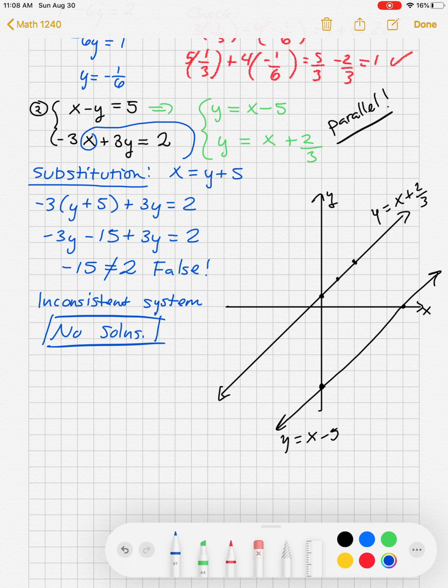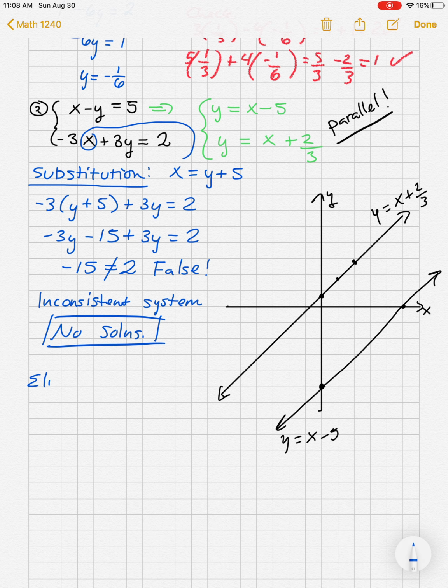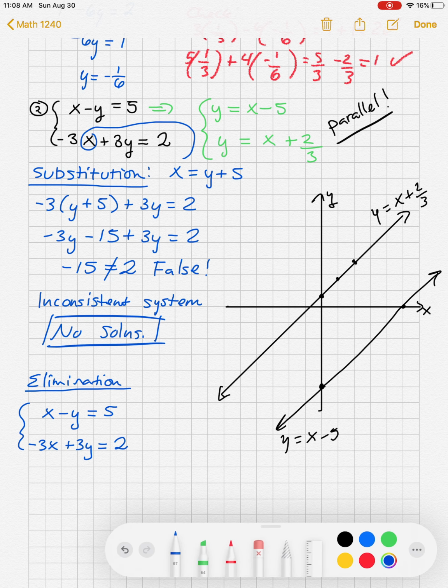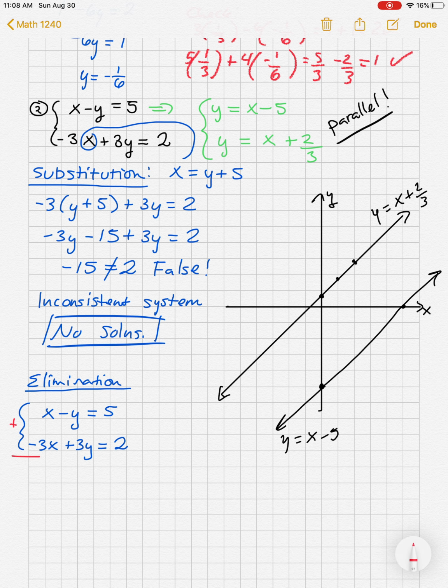What's the other method I could have used? There's another method we use called the elimination or the addition method. So if you look at that original system, the goal with the elimination method is to add the equations together and eliminate or cancel a variable.